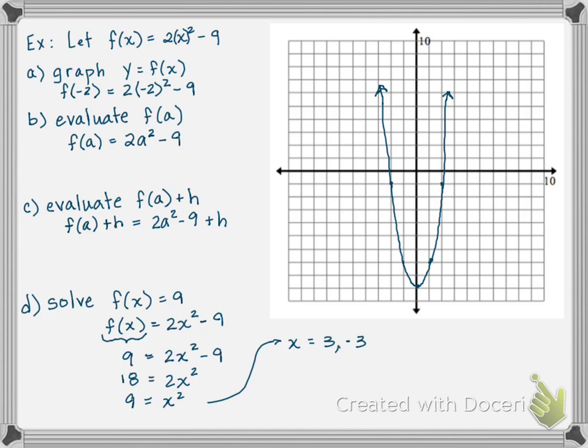Is that okay that I got 2 different inputs for a given output for a function? It's okay because I have 2 inputs going to the same output, not 1 input going to different outputs, right? So remember, functions have to pass the vertical line test, which this one does.